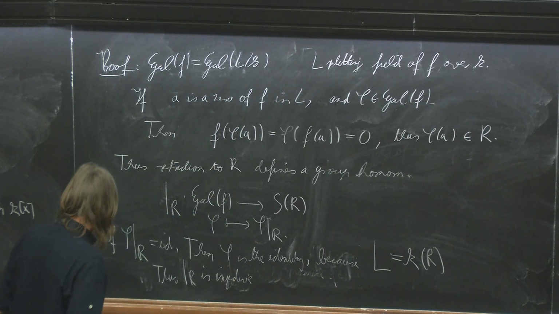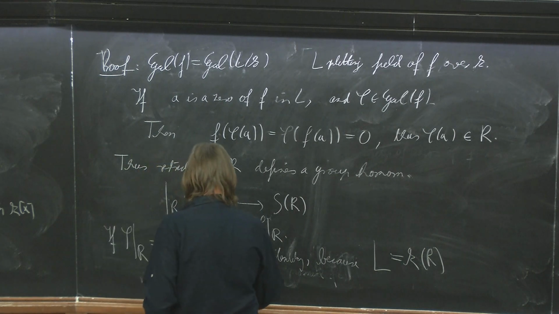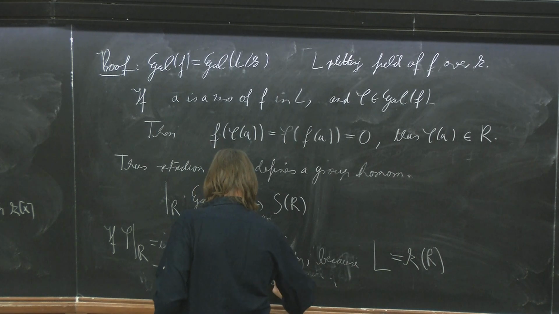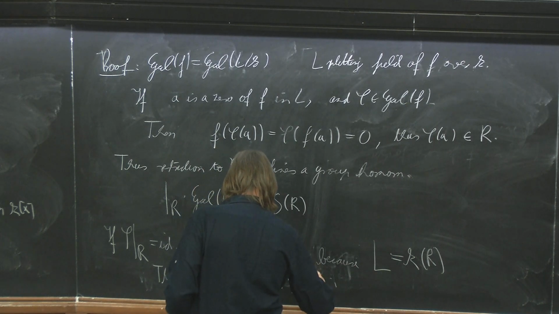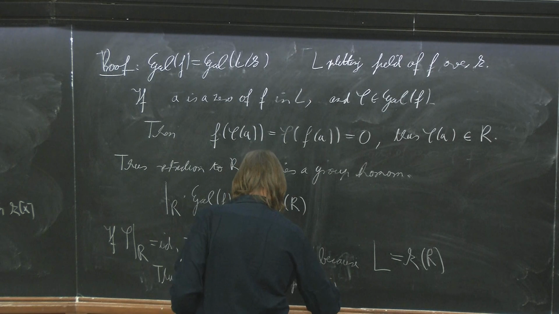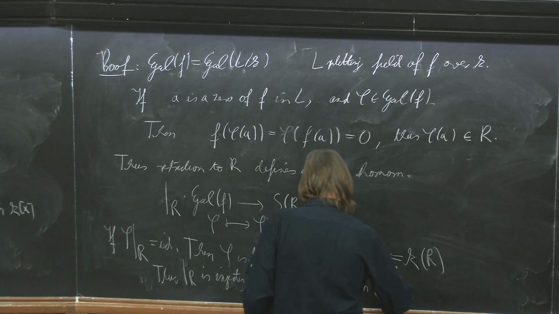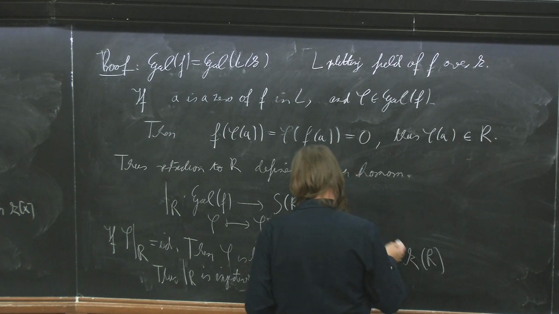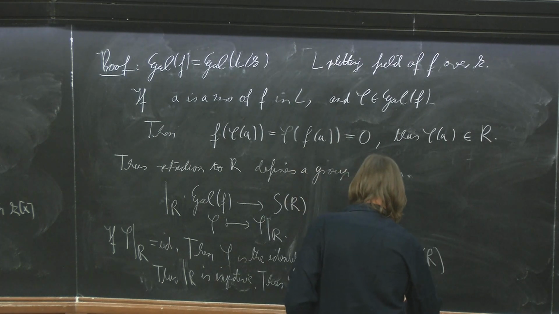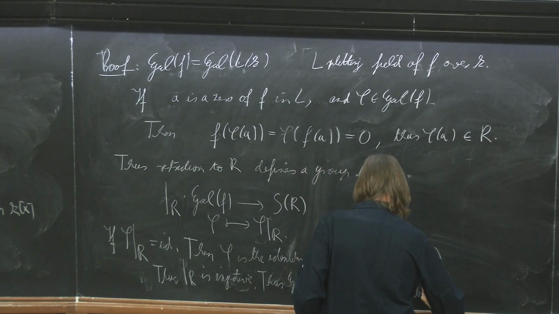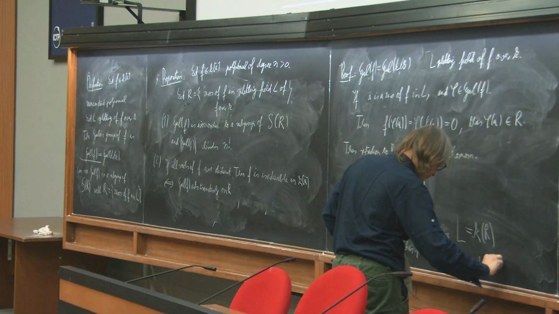And so the Galois group is isomorphic to a subgroup, the image of the map, a subgroup of S of R.